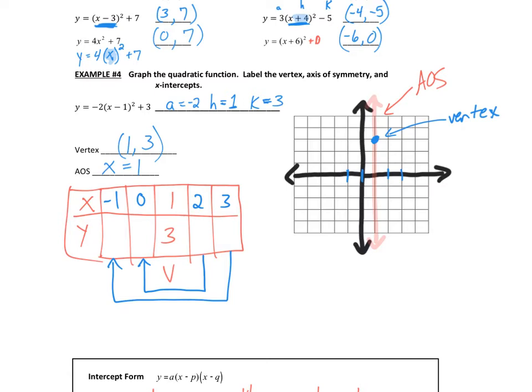Really it's 2 numbers we plug in. Let's plug in x equals 2. You'll get y equals negative 2 times (2 minus 1) squared plus 3. So 2 minus 1 is 1.